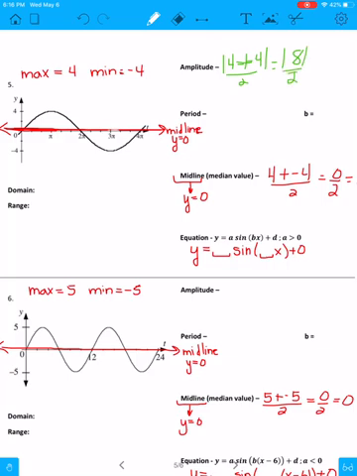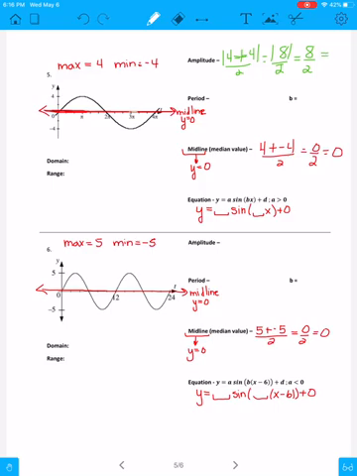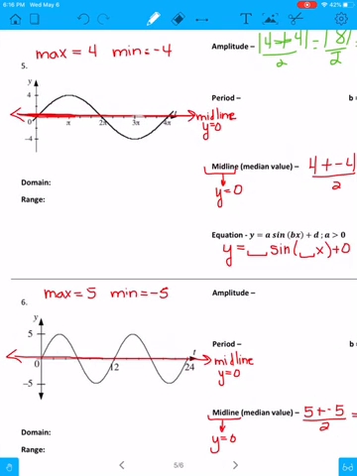And then you do 8 divided by 2, because the absolute value of 8 is just 8. And 8 divided by 2 is 4. So I have an amplitude of 4, so I'm going to check. So for my midline up, it's 2, 4, because if you look, these are each worth 2. And then my midline down is 4. And I said my amplitude was 4, so I know I'm right.